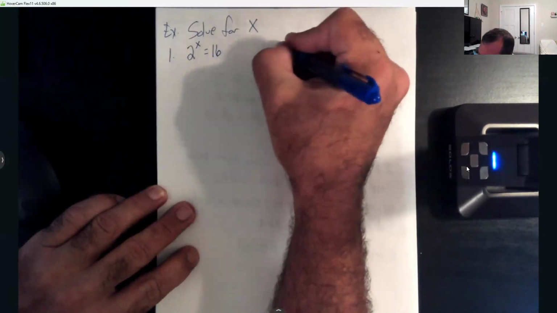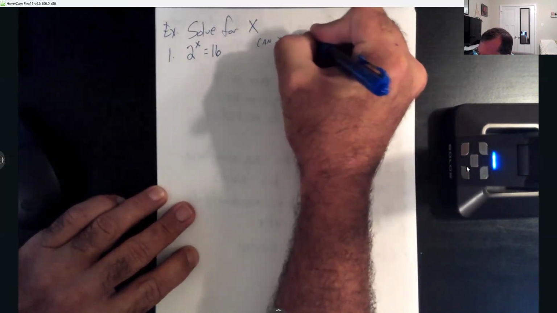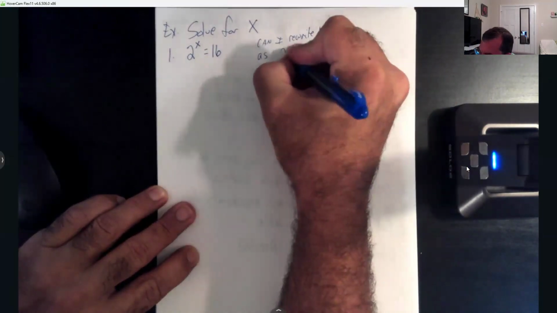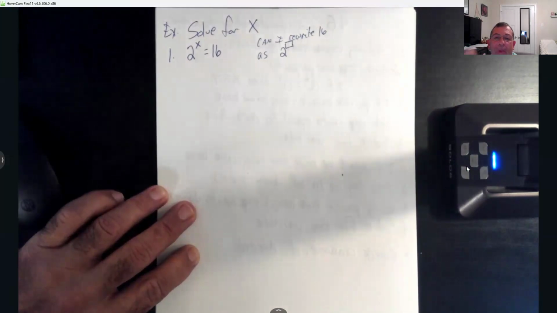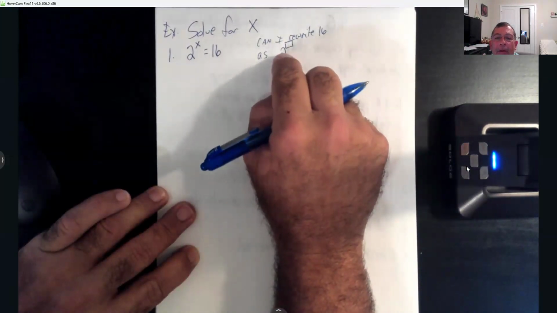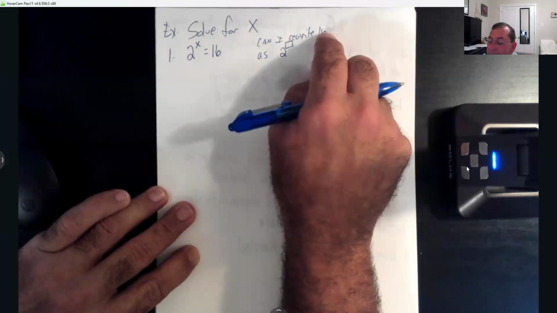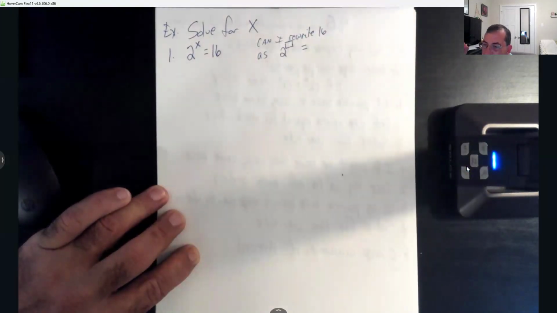Can I rewrite this 16 as 2 to some exponent? So can I rewrite a 2 with some exponent here that would represent 16? So y'all, take a 2 and start multiplying by itself.